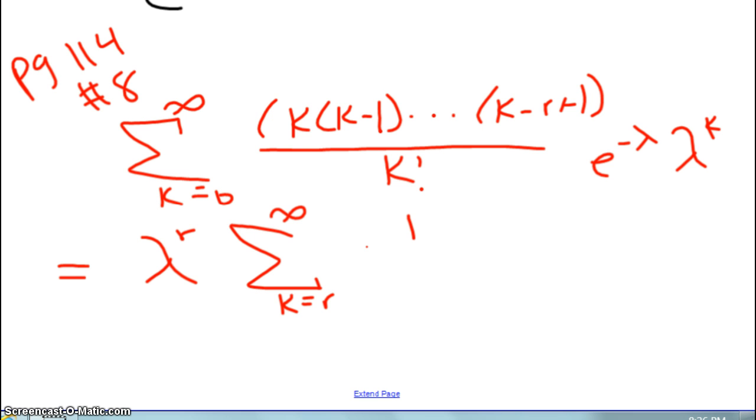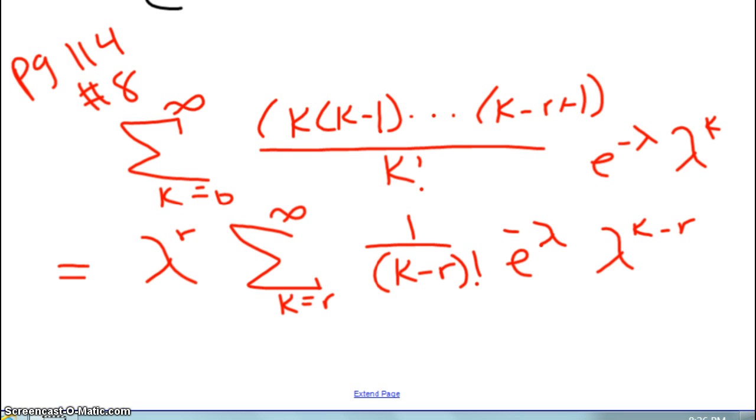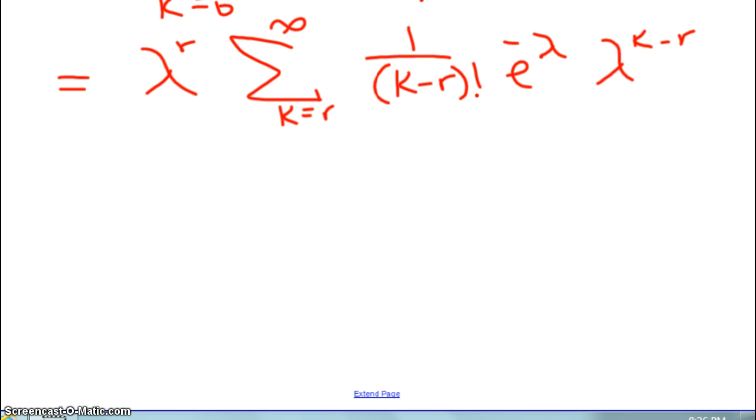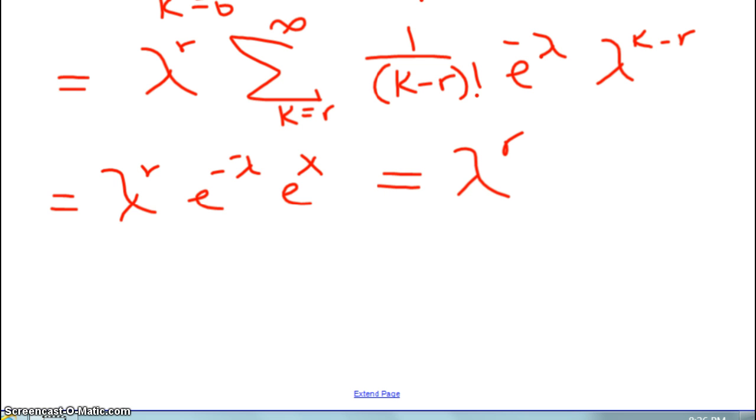And we're going to have 1 over k minus r factorial with e to the negative lambda still, and lambda is now to the k minus r. Continuing to manipulate this, we are going to end up with lambda to the r, e to the negative lambda, e to the lambda, which results back to lambda to the r.